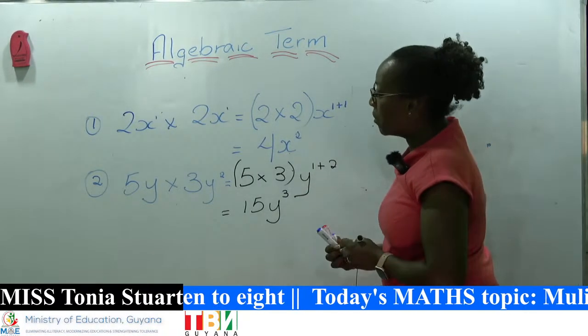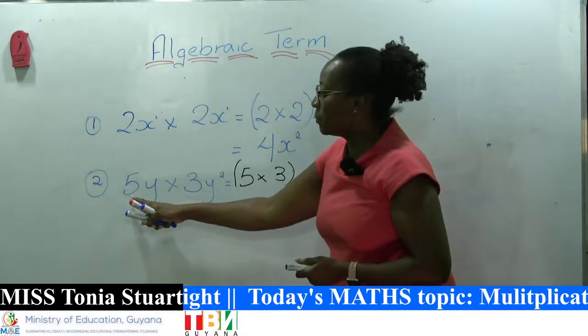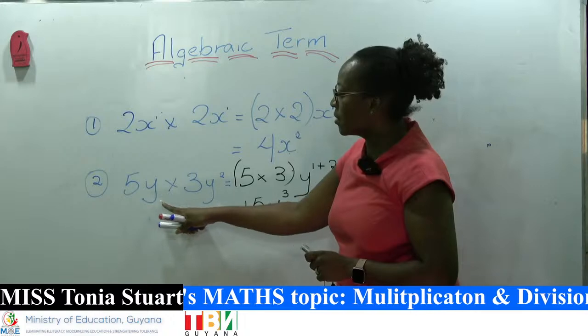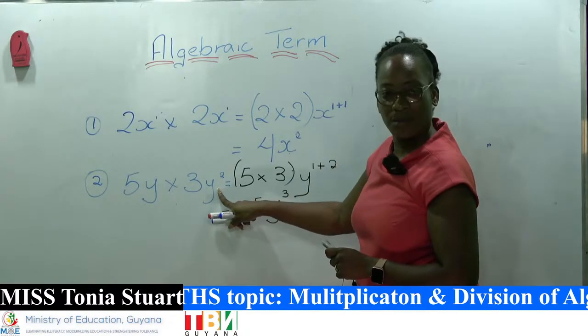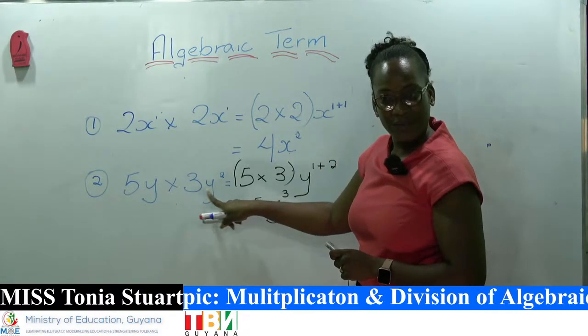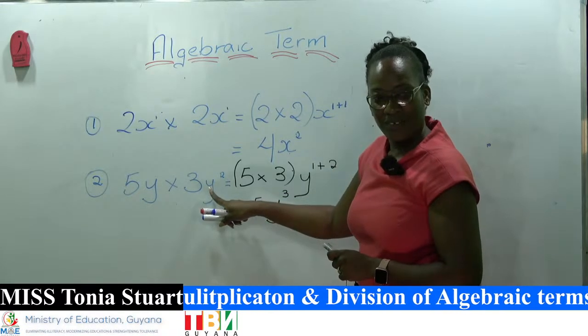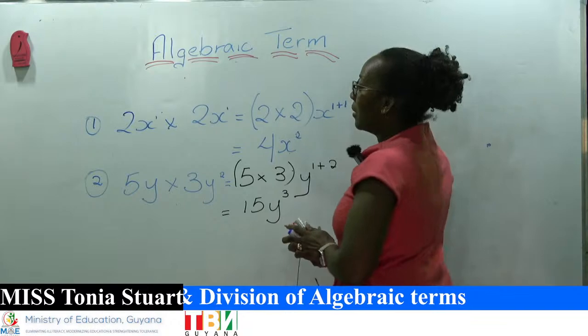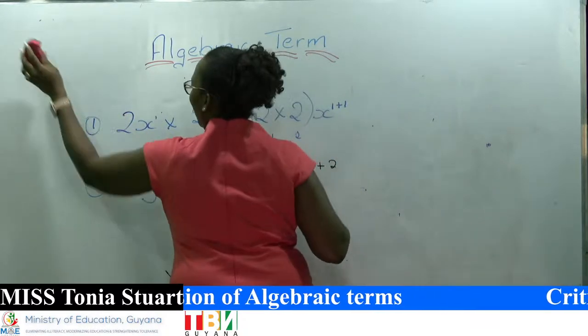Because we are multiplying, we multiply the coefficients and we add the powers of the, what do we call the letters? Variables, right?